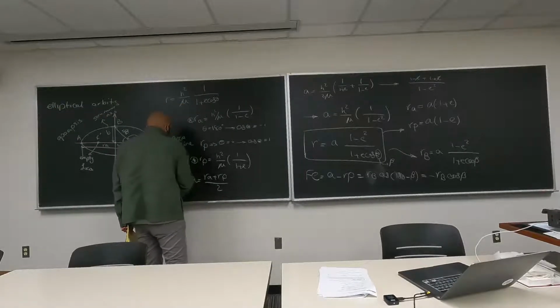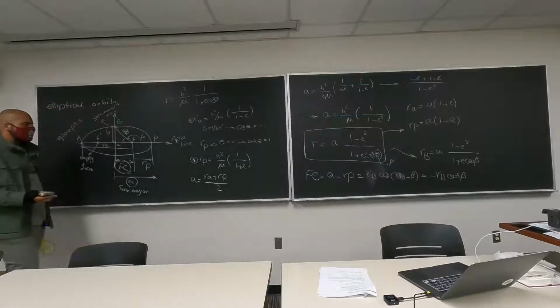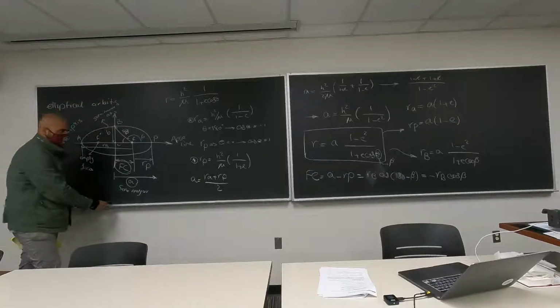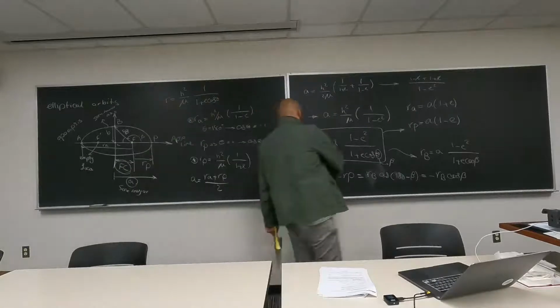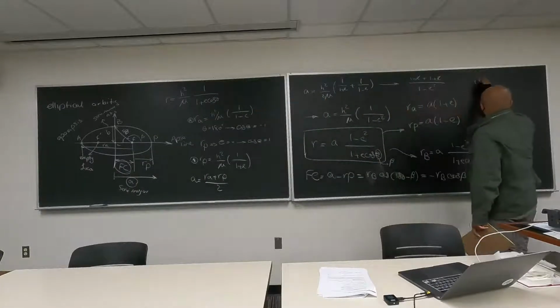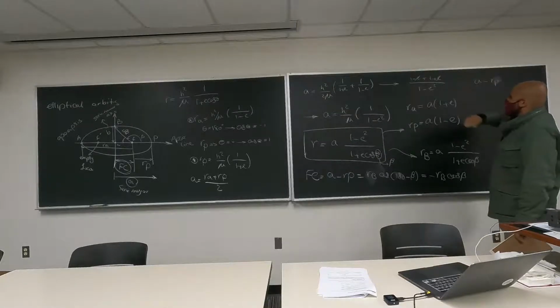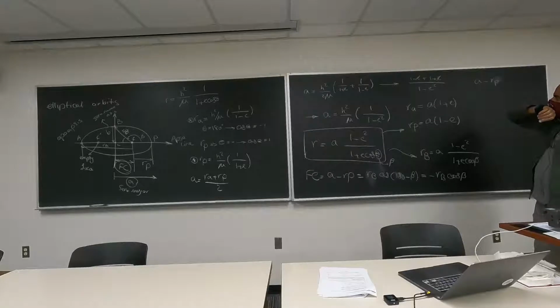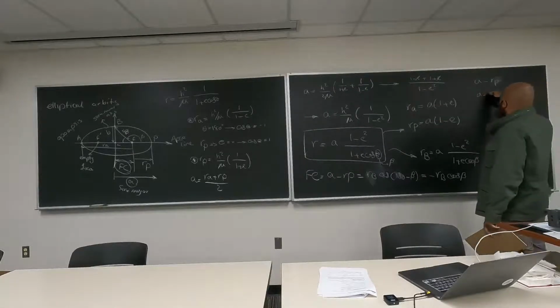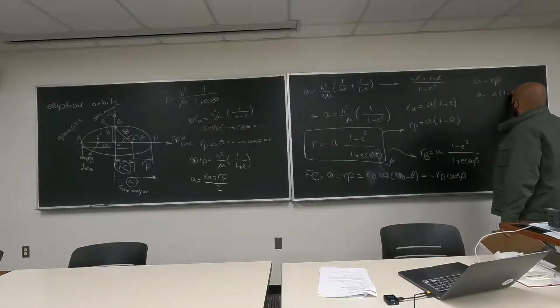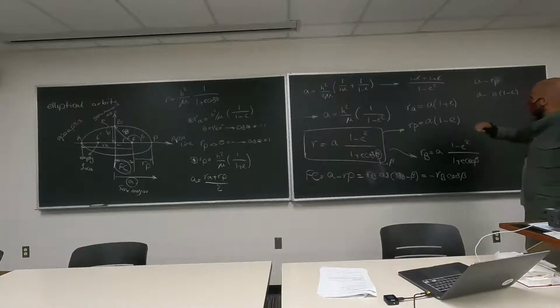Okay. Next, there are some interesting things that happen here when it comes to these calculations. Let's talk about this a little further. A minus RP. What is the equation for RP? Right. So it is A times 1 minus E, right? Which is A minus plus AE, right? Cancel them out.